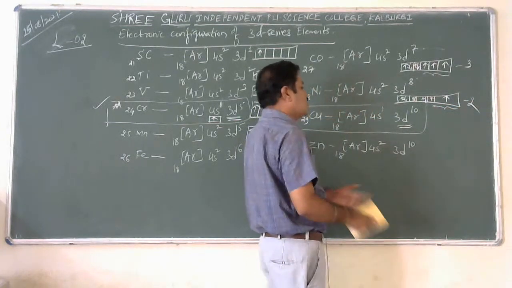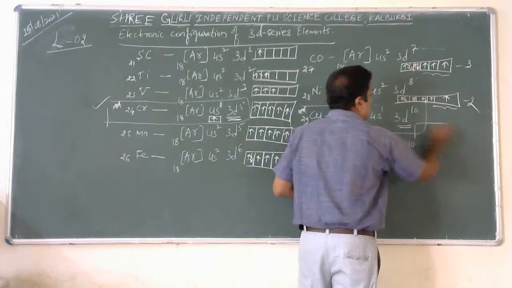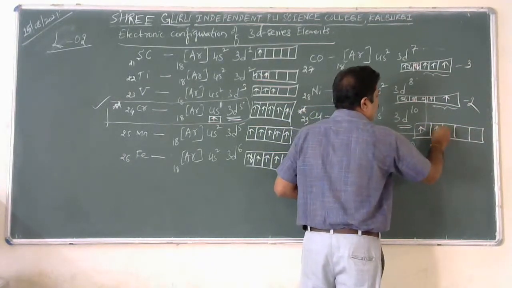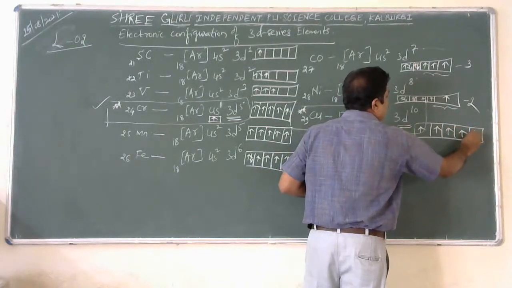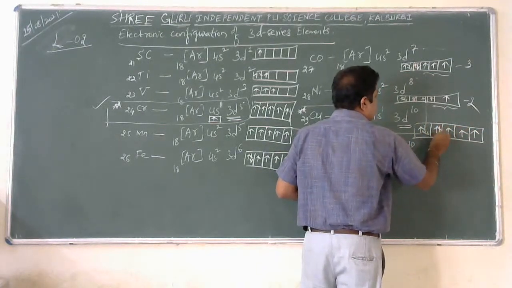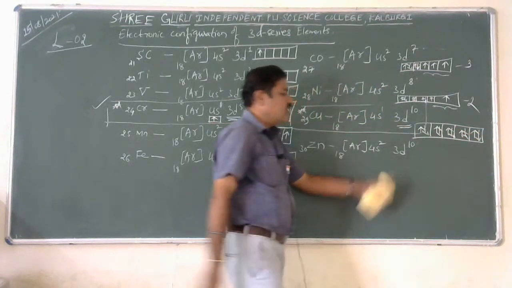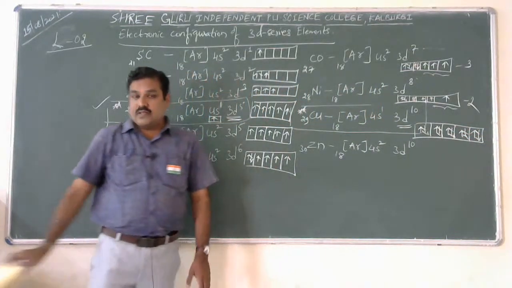And then d9, and d10 means no unpaired electrons. Here also d10. That's why this is very, very important.